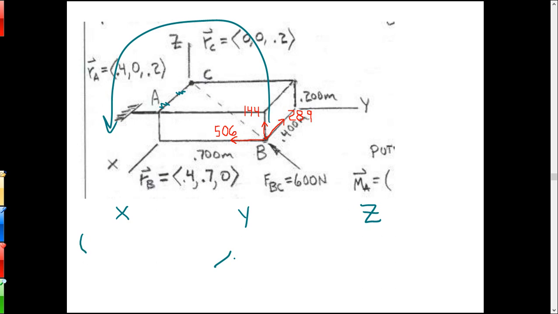Is it 144 newtons times what? 0.7, because I want the line perpendicular to the force. Okay, are we good with that? How about the 506? What's that going to do about A?